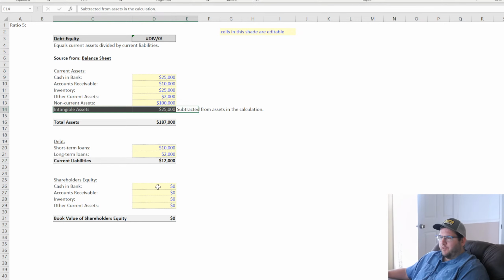We also, on the shareholder equity, so shareholders' equity, what are you going to have? You know, probably retained earnings. Common stock, preferred. Okay, so we're seeing common stock, preferred stock.